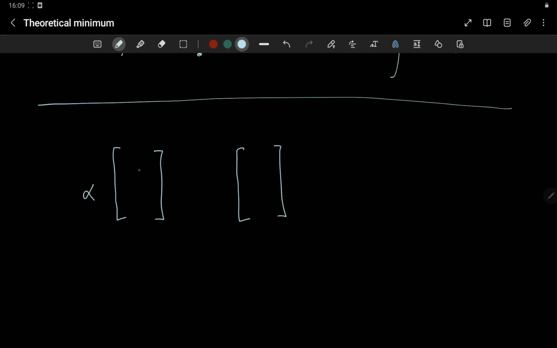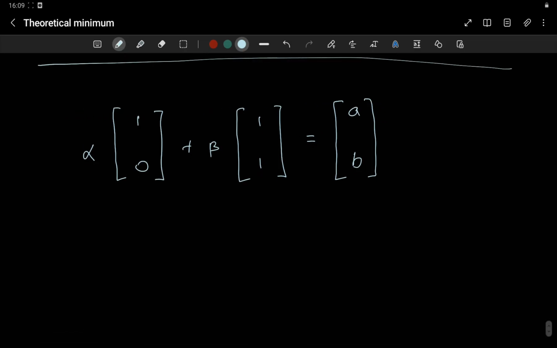So alpha times, let's say, (1, 0) plus beta times (1, 1) could capture any vector, let's say (a, b), where a could take any real number and b could take any other real number. Now the question is, what are alpha and beta?